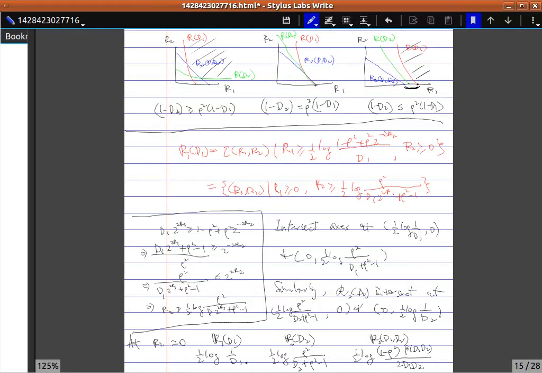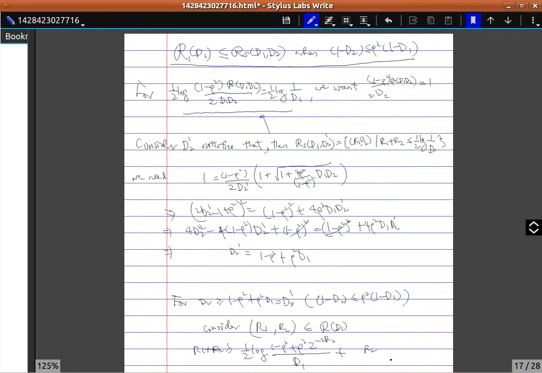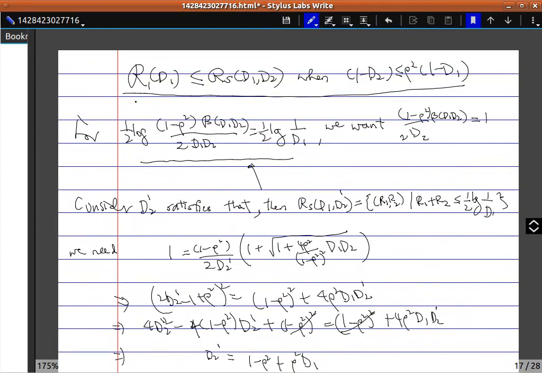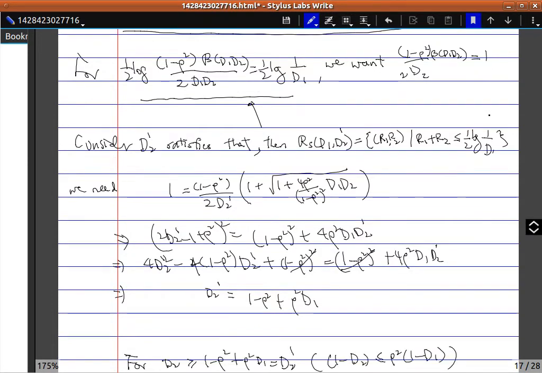So in other words, this one is equal to this one. So this happens. Basically, I can just equate that, and that means we want this guy to be equal to 1. Then this beta here is actually equal to this guy here.